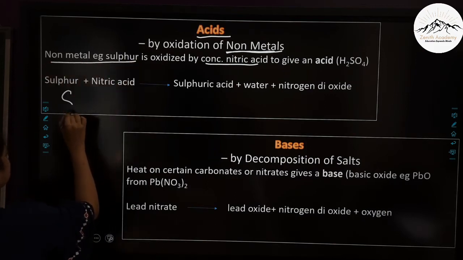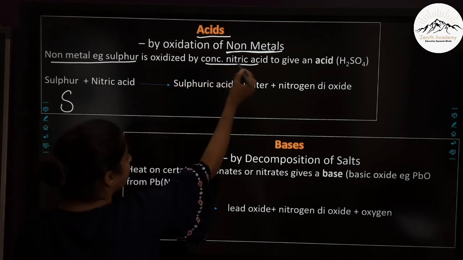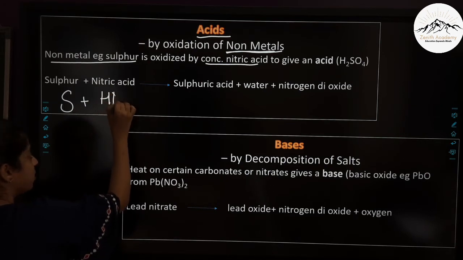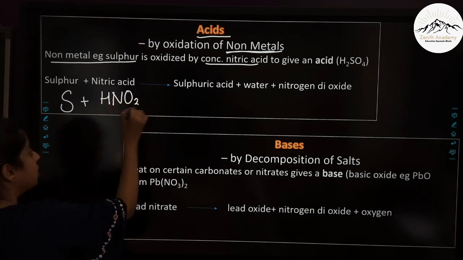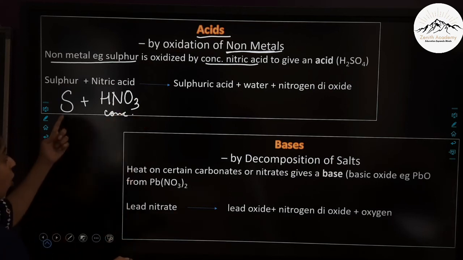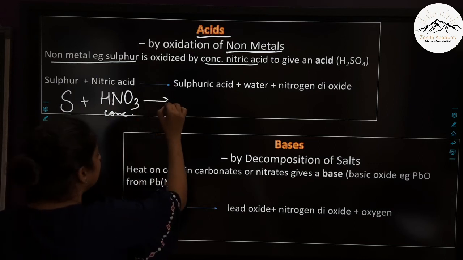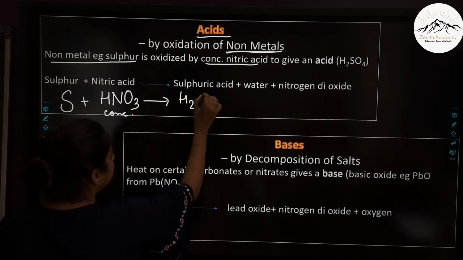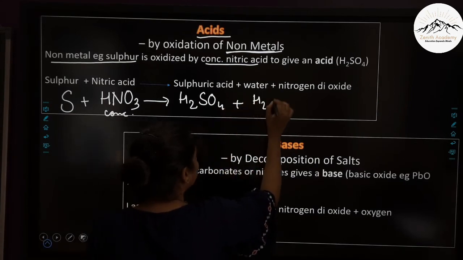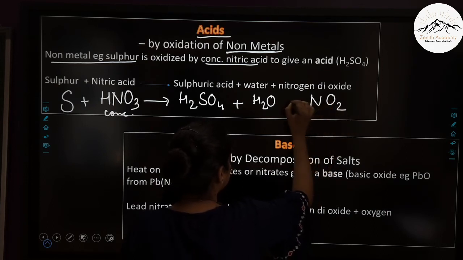If a non-metal like sulfur is oxidized by concentrated nitric acid, a very strong oxidizing agent, it will oxidize this sulfur to directly form sulfuric acid. So it will form H2SO4 plus water plus nitrogen dioxide, meaning nitrogen and 2 oxygen, NO2.